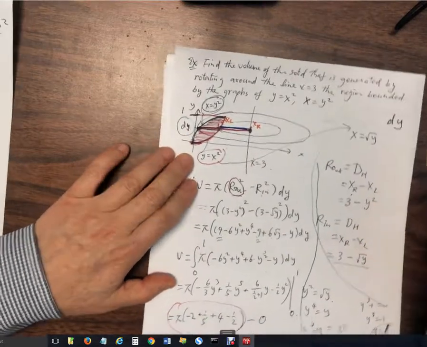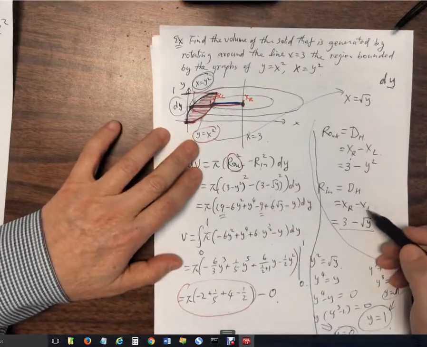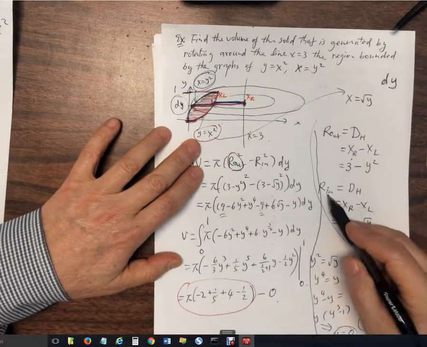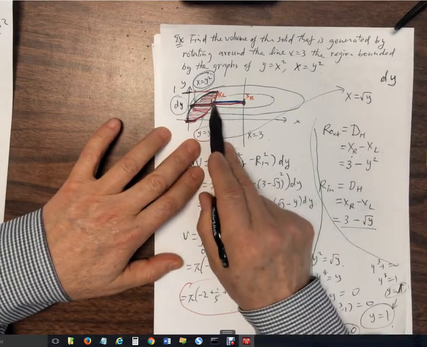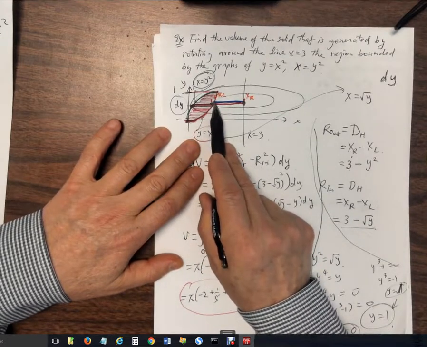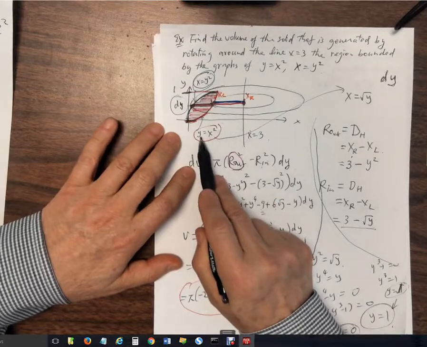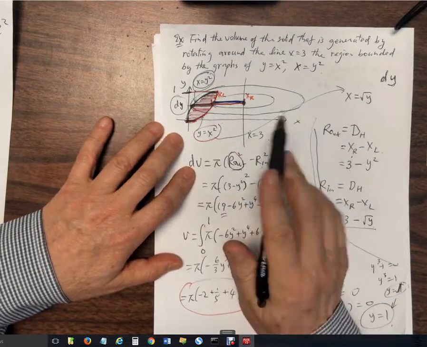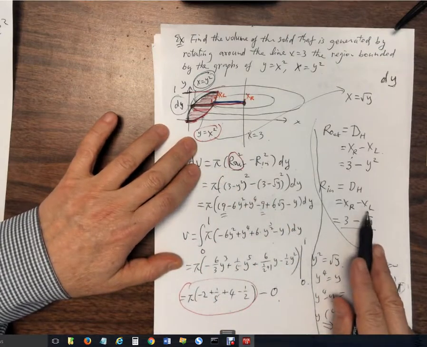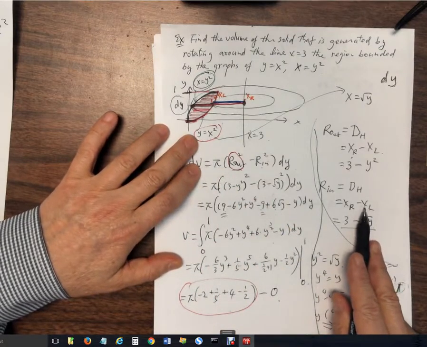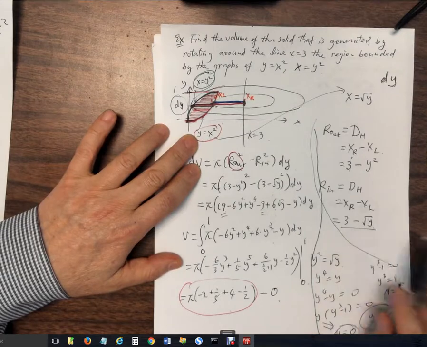All right. In particular, when we were trying to find out x left for the inner radius, the blue here, inner radius here, the equation was y equal to x squared. That is correct, but it's not in the right form because we're looking for x equal to, right?